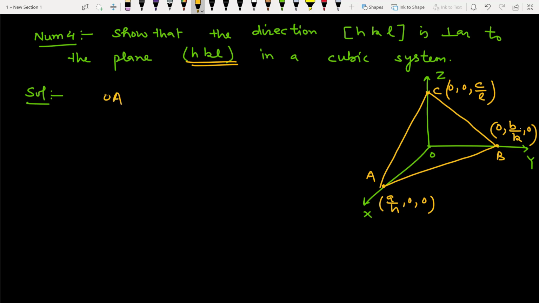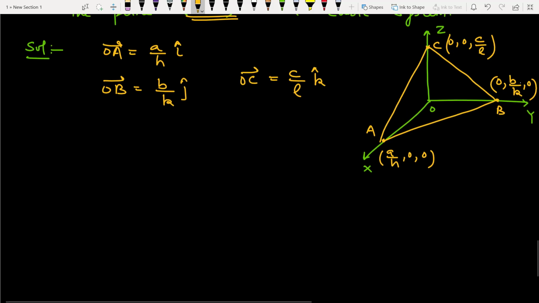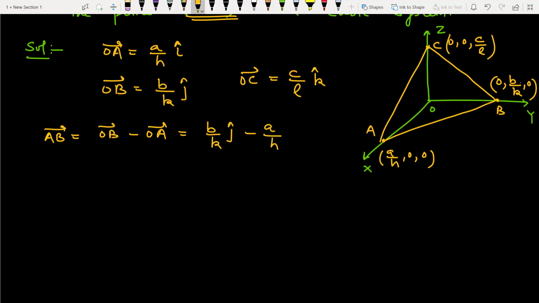Here OA vector is equal to A over H i cap, OB vector is B by K j cap, OC vector is C by L k cap. So from here we can get the line AB vector, which is equal to OB minus OA vector. So it is B by K j cap minus A by H i cap. We mark it with equation number 1.